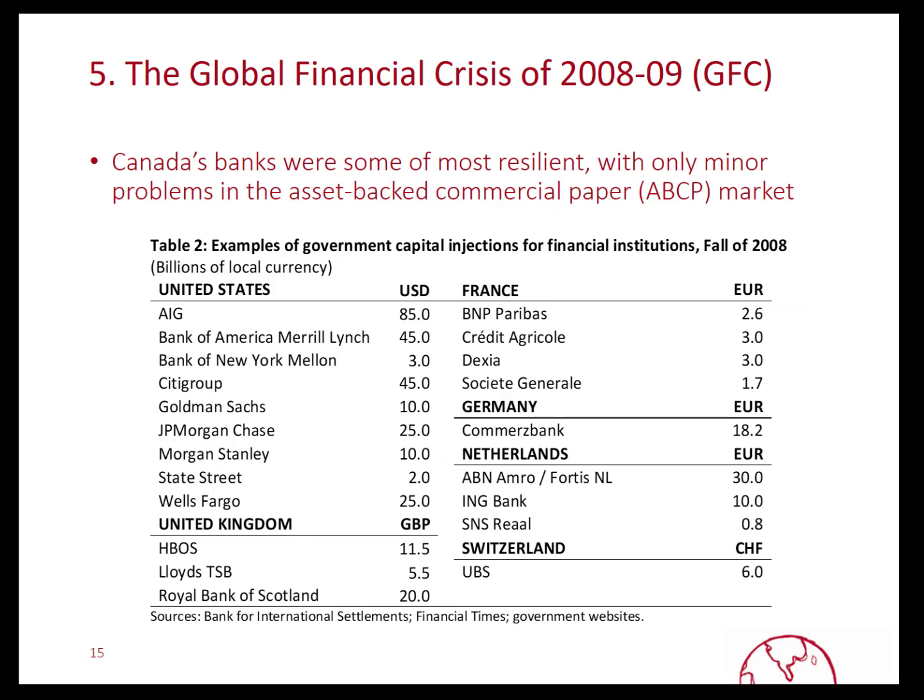Here you can see, you may not have appreciated this, but many of the largest financial institutions around the world were actually bailed out by the governments. In the United States, that would include JP Morgan Chase, Bank of America, Wells Fargo, and Citigroup, the 4 largest banks. And you can see it was true for most large banks in different parts of the world.